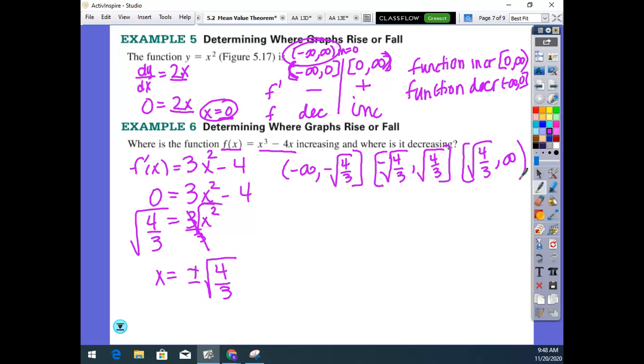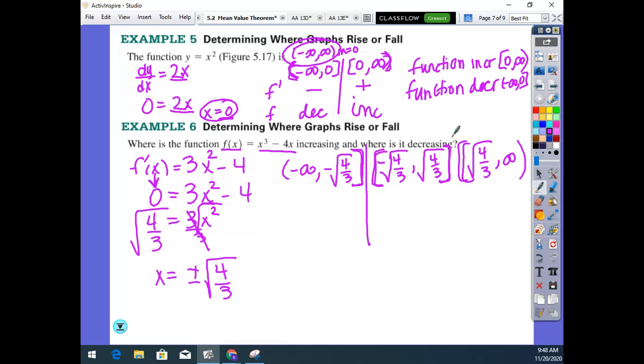Now, infinity always gets parentheses, even though I screwed up in the last example. Any place where the derivative equals 0 is included. We include these values. If it's where the derivative does not exist, that's where we use parentheses, if it cannot exist there.